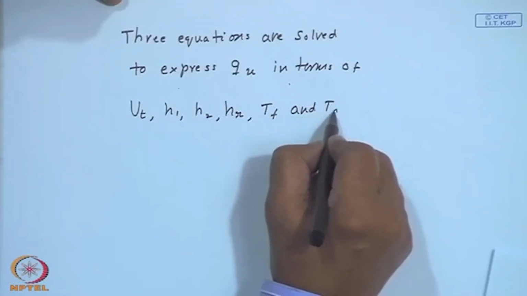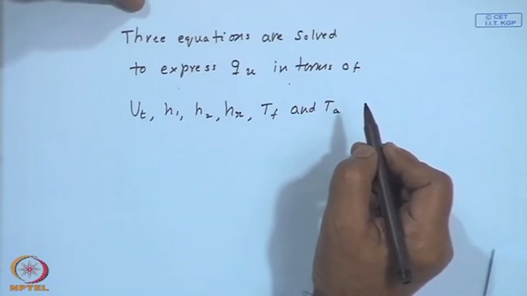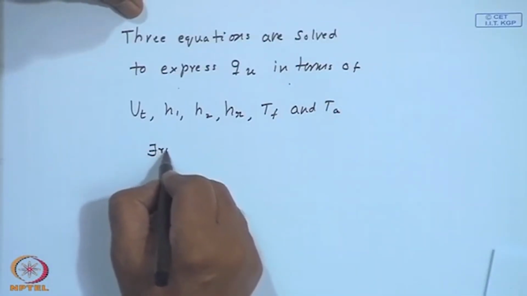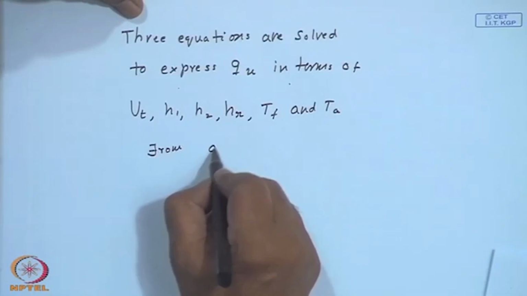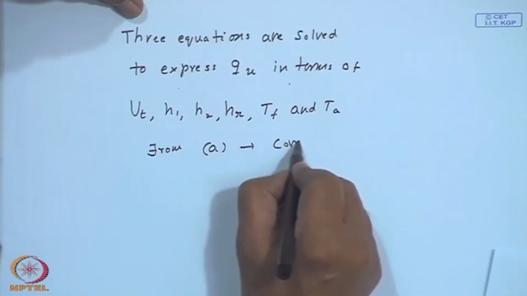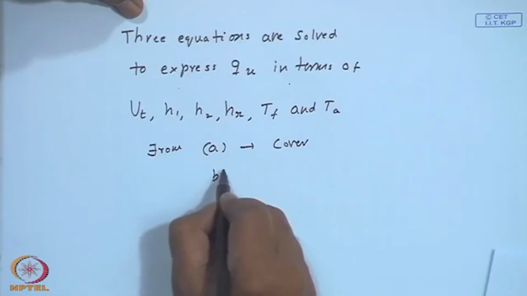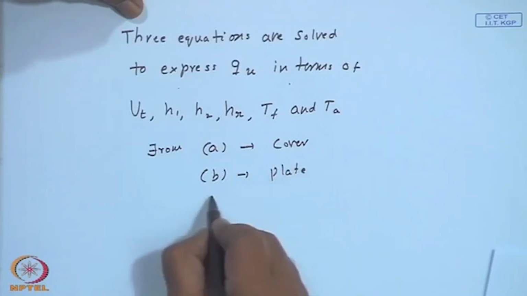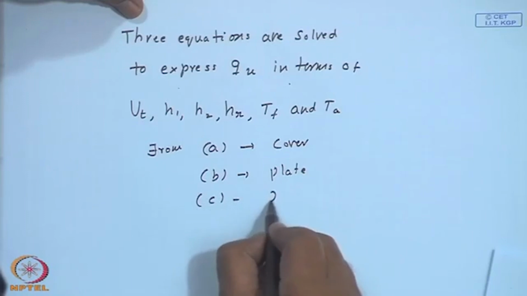So, from A, that is the cover, and B, the plate, and C, the fluid. Just for our easy reference.